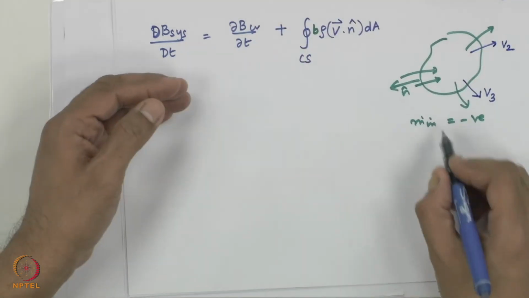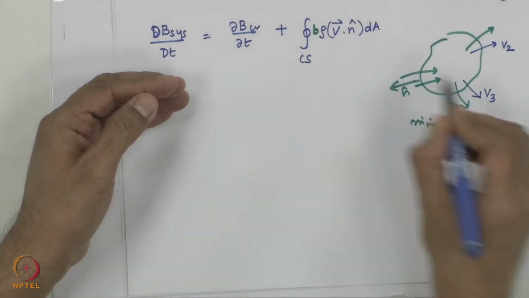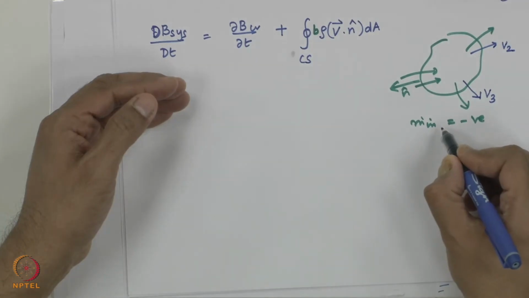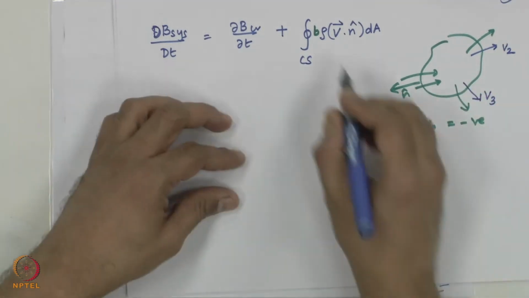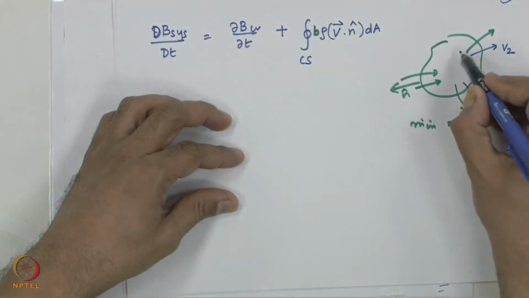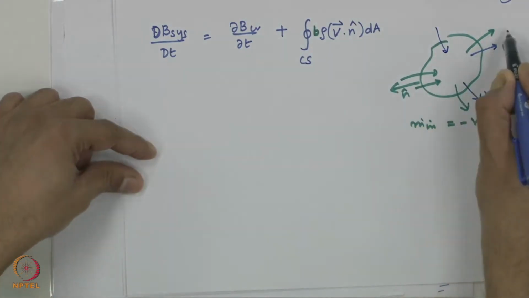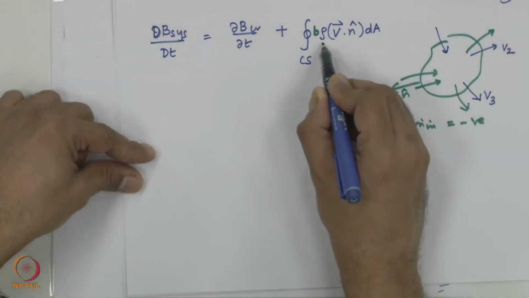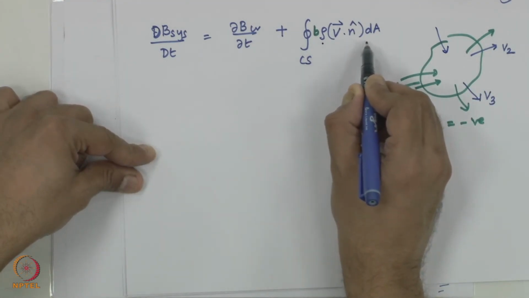So the intensive property which is coming in, B1 into m dot 1, that is coming in, and whatever is going out, when you sum that up over the control surface, you would have a couple of streams coming in, a couple of streams going out. So this integral, rho V dot n cap dA, is the mass flow rate.